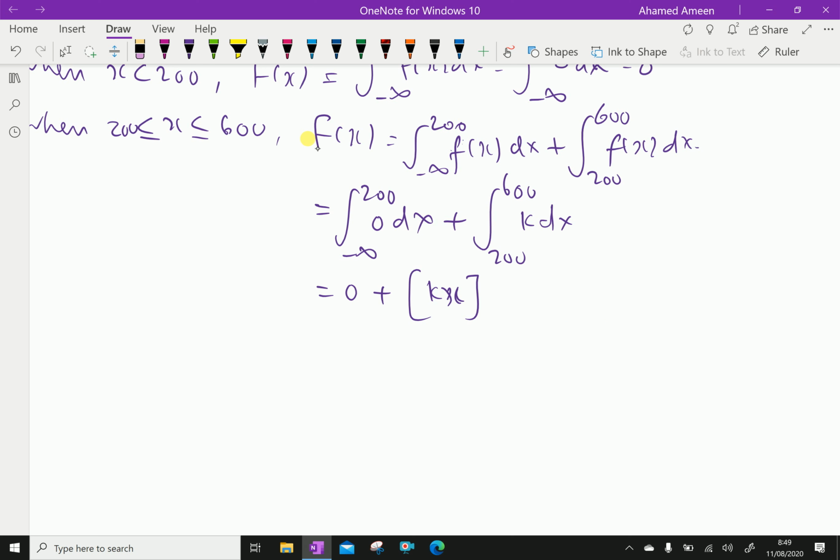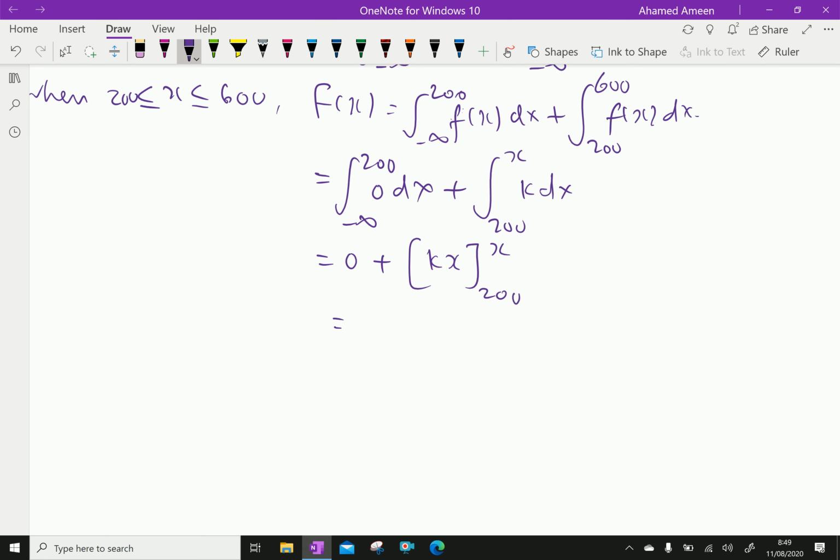Okay, 0 to first x here, which is 0 plus kx from 200 to x, which is equal to kx minus k into 200.